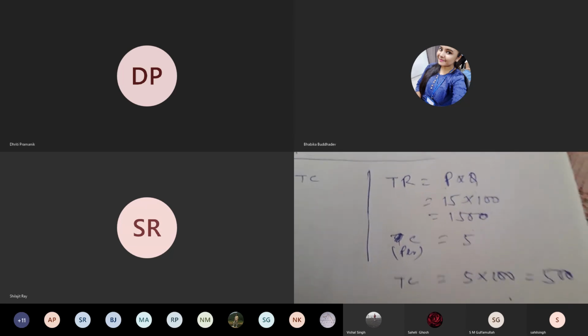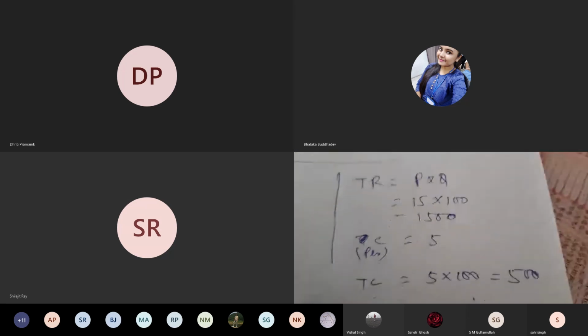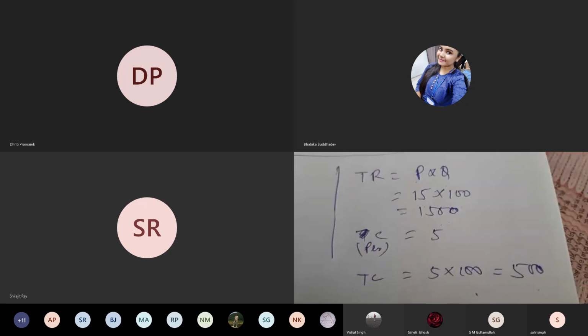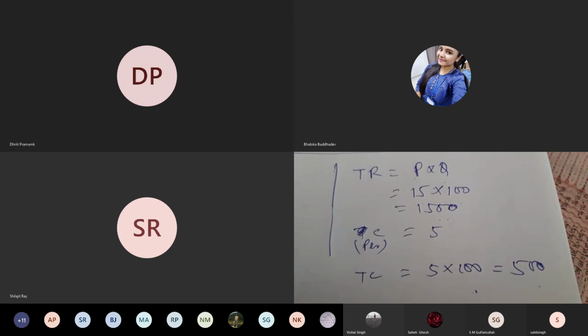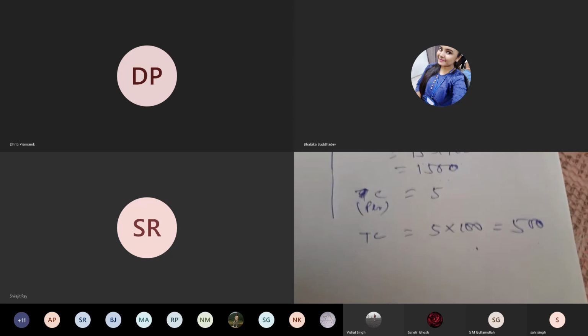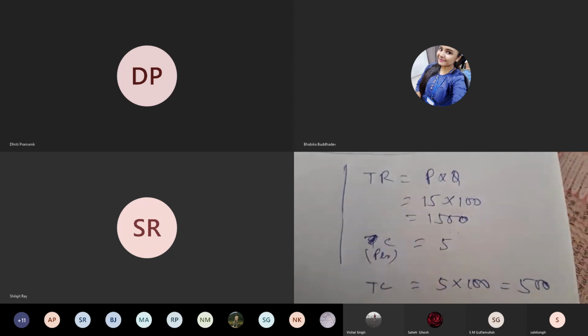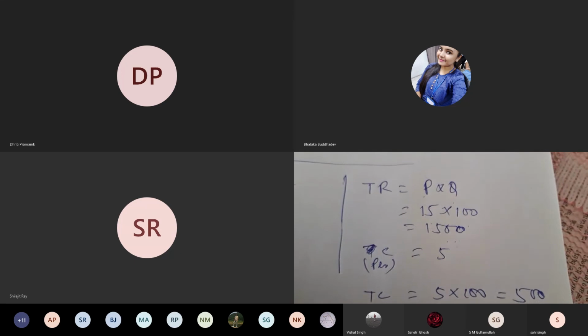In a mathematical problem, instead of this figure, you may also be given equations, from which you have to derive. Such a problem I shall show you, so that your idea will be clear, and such problems come in the examination also. So total revenue and total cost we have calculated.